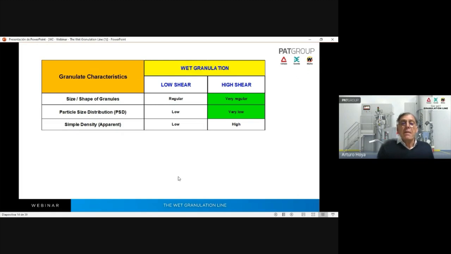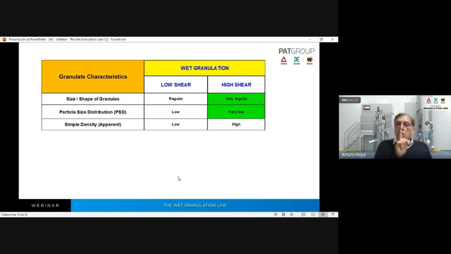Apparent density is low in low shear and high in high shear. Remember, apparent density is the inverse of porosity. And this is a problem for high shear because high density reduces the deformability of the granules at the moment of pressing the tablet.